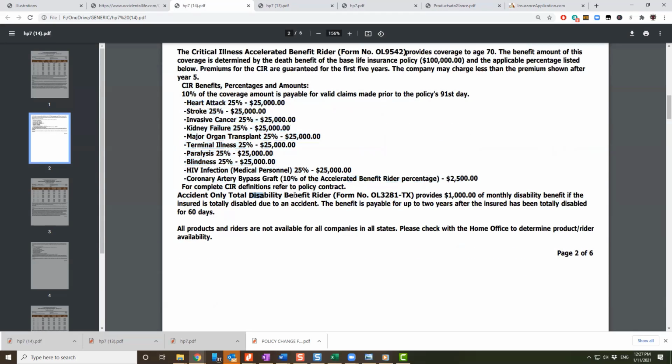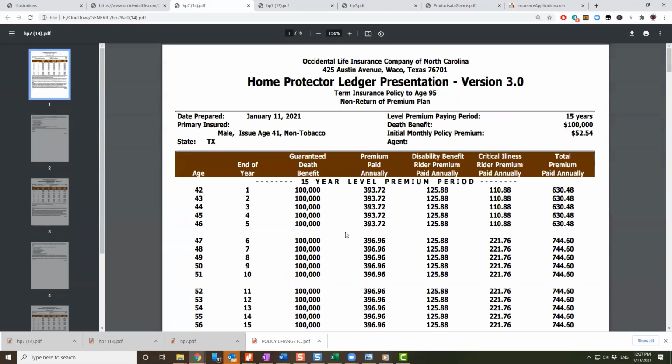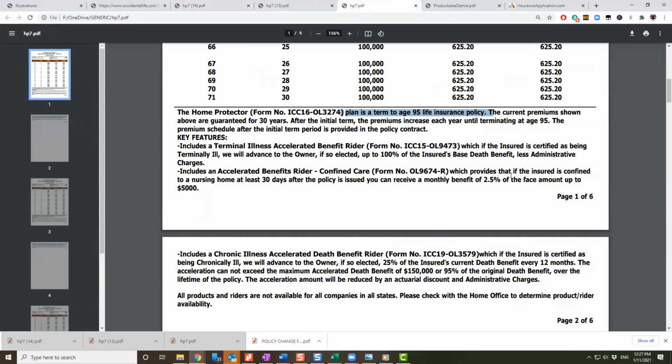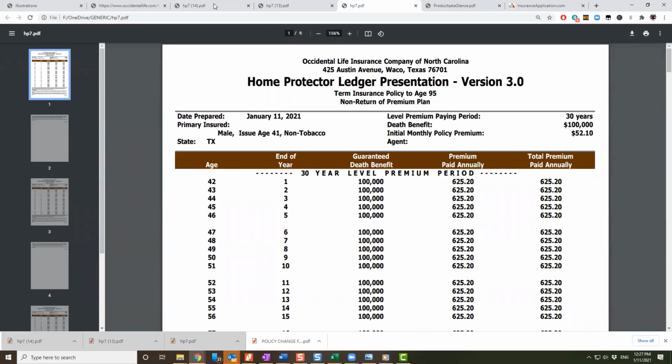And we're going to add a disability for $1,000, accident only. And that is a much stronger product than any of the last two for the same price.